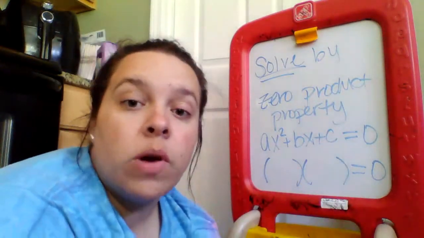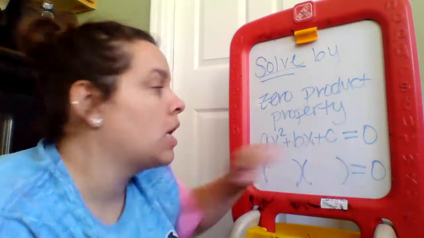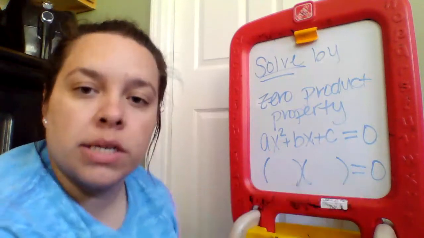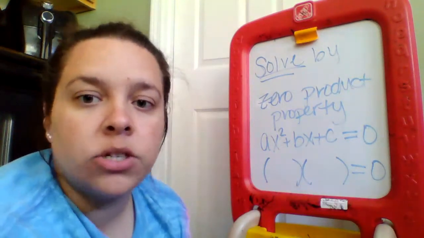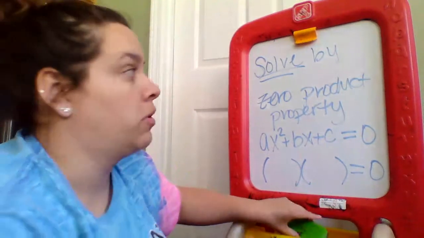So we're going to make sure that it's equal to 0. We're going to factor that, and then we're going to set our factors equal to 0. If you're a procedural person like me, these are the steps that you would follow.